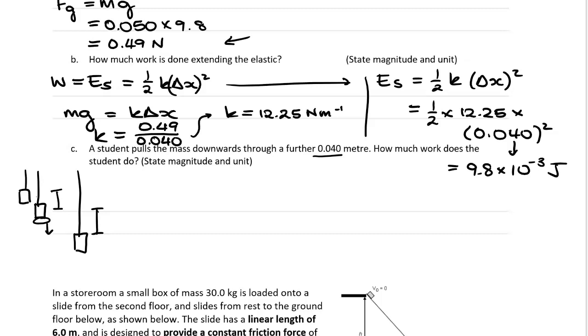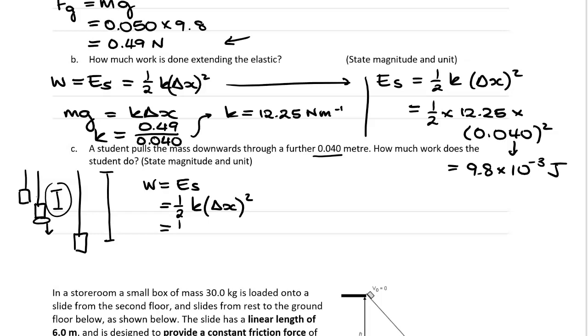So one way we could do this is we could determine the work done to go from here to here, and we could subtract the work done that we previously did. You might do it a slightly different way, but this should get us the right answer. So work done in this situation, again, is going to be equal to the spring potential energy, half k delta x squared. You could do the subtraction at this point, or you could do it afterwards. So if I wanted to do that, half times the k we had before, times that total extension now is 0.08 squared.